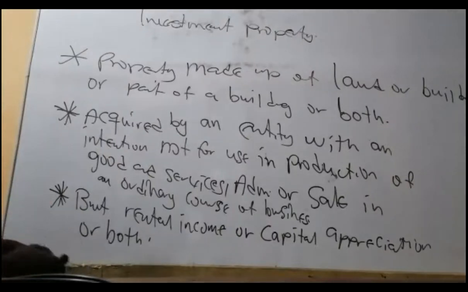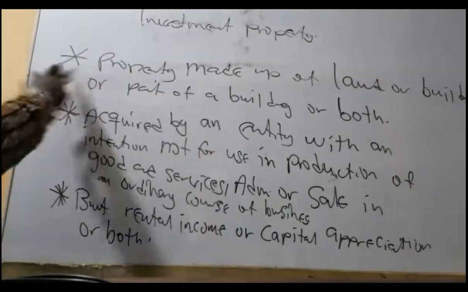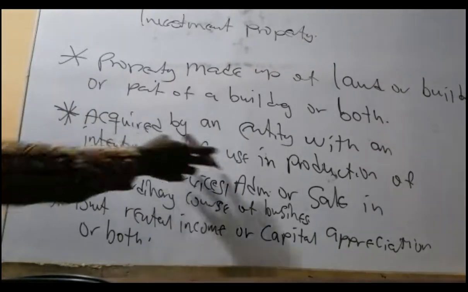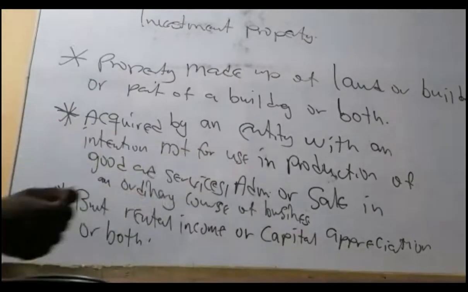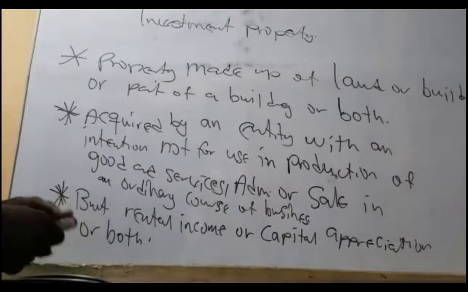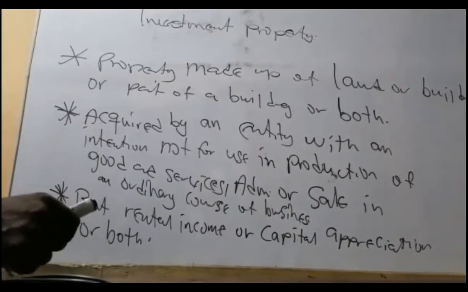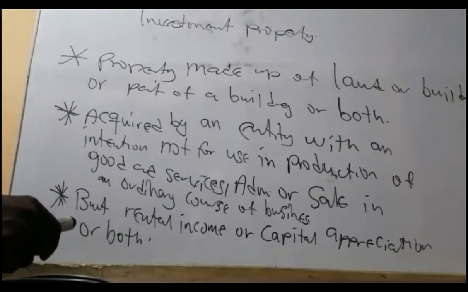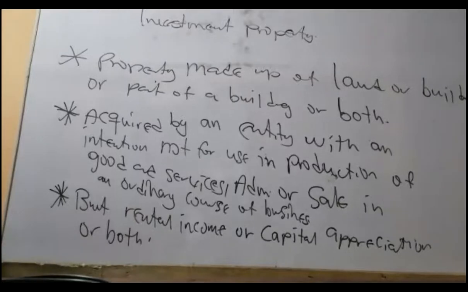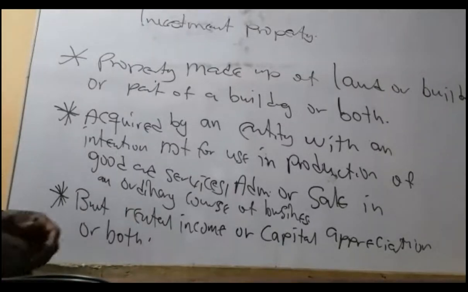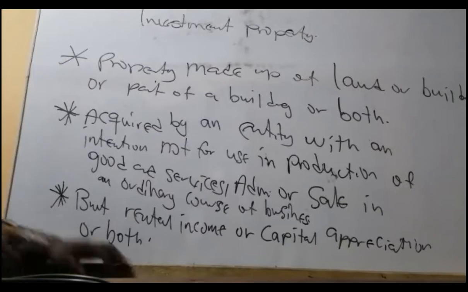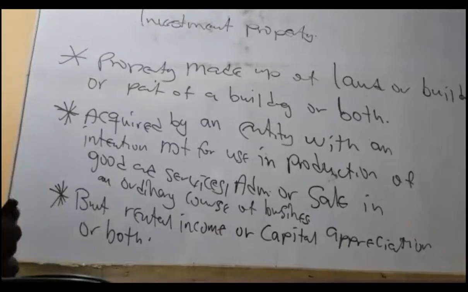All they're saying is a property made up of land or building, part or both, acquired with an intention not for use in production or admin services, or sale in an ordinary course of business, but for rental income or capital appreciation. Rental income means you put it to renting and generate income from it.